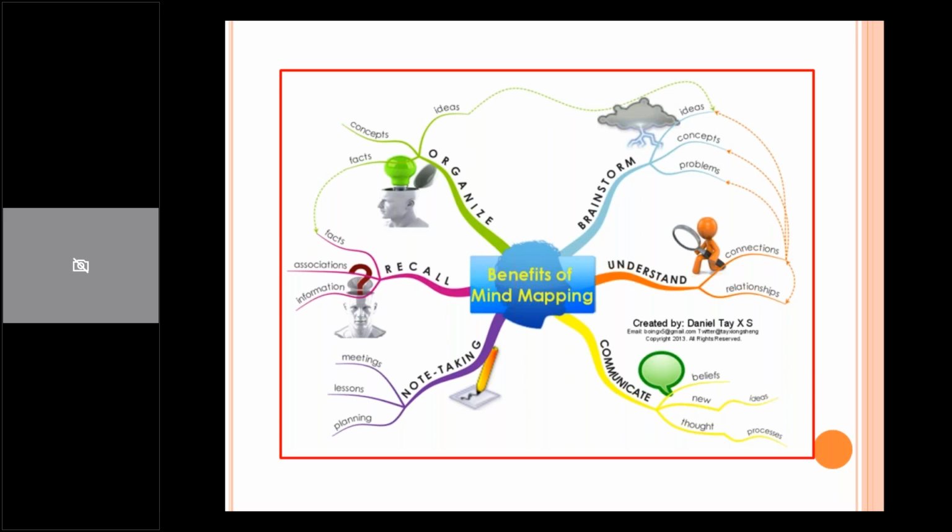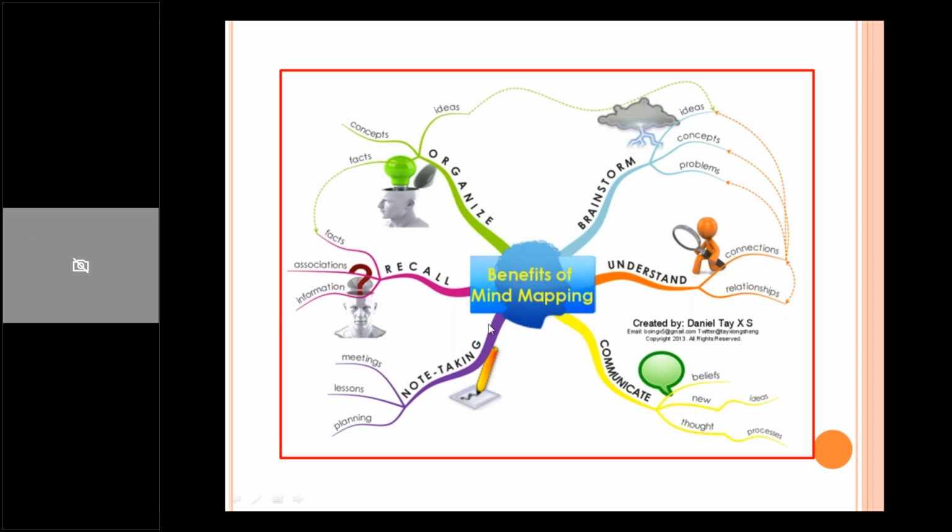As we discussed, as our principal rightly pointed out, mind map helps us to brainstorm our ideas, our concepts, our problems. It will help us to understand the associations or relationships existing between the branches of the core concept, and you'll be able to communicate your beliefs, your new ideas, your thought process more effectively.